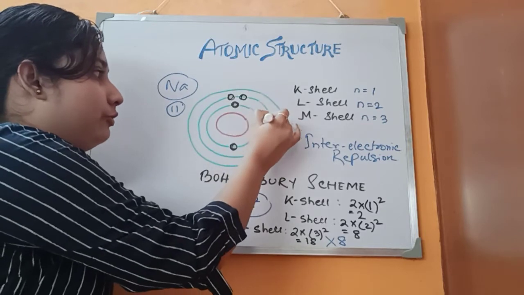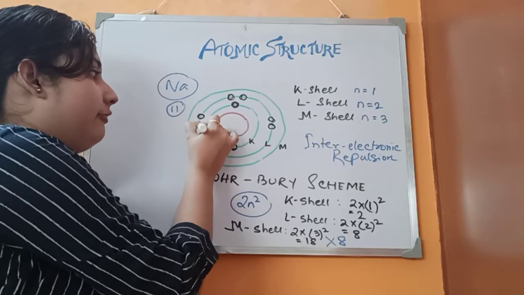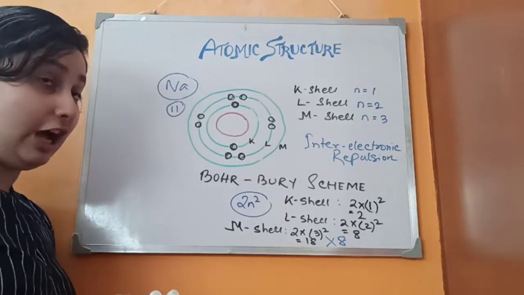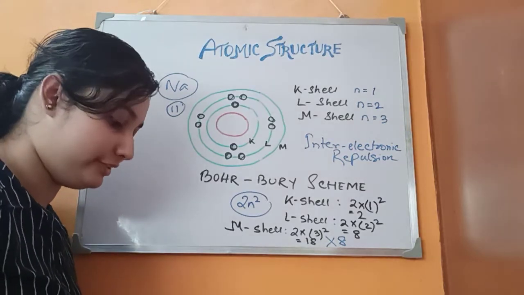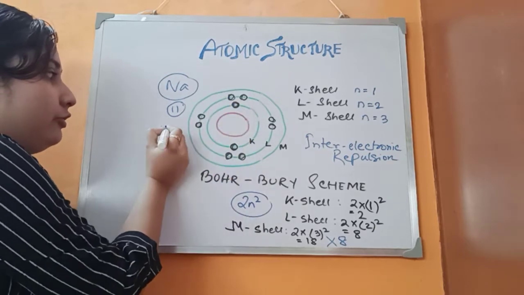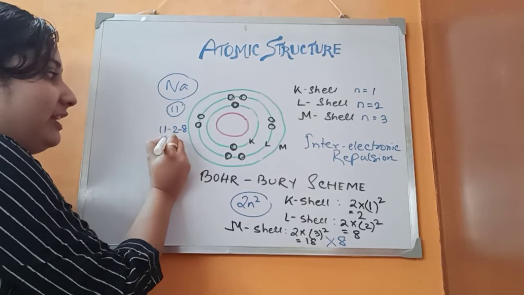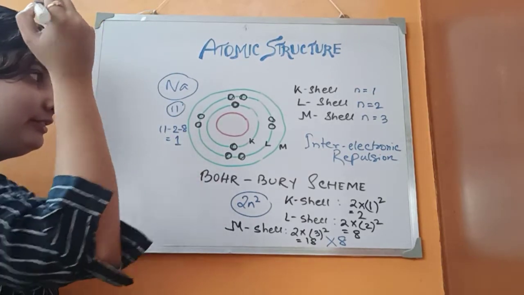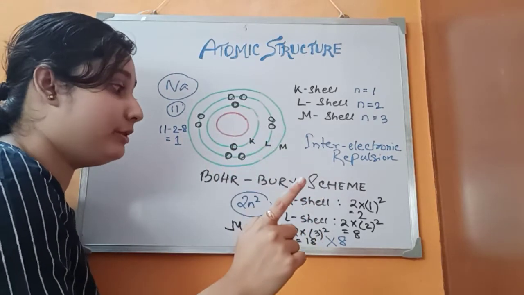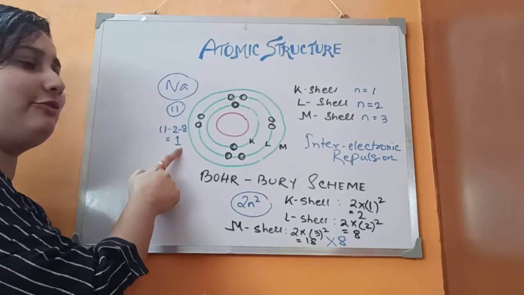1, 2, 3, 4, 5, 6, 7 and 8. Now we are left with how many electrons? 11 minus 2 minus 8 will give you 1. In the M shell we can hold a maximum of 8 electrons, so only 1 electron is left for sodium.